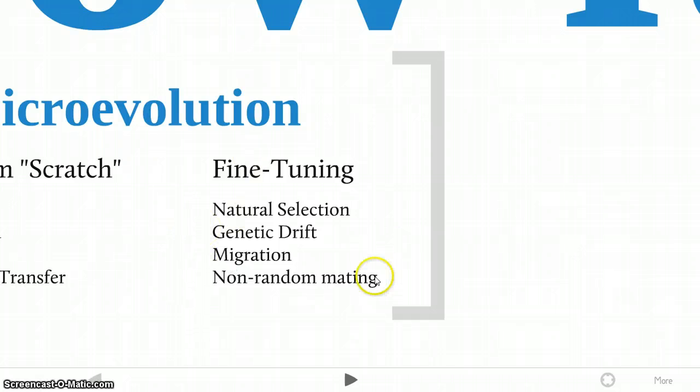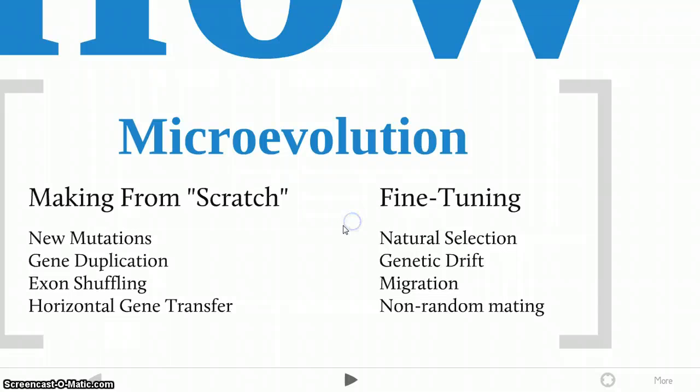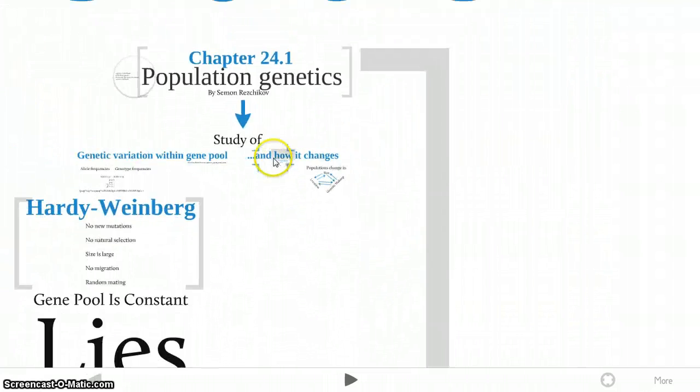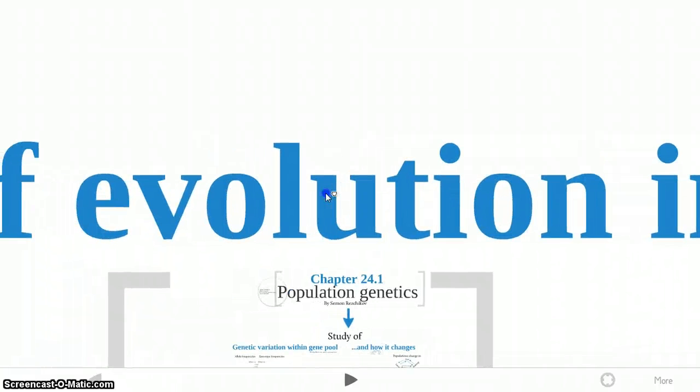So that is how microevolution works. On a small scale, generation to generation, it causes changes, and over time it can cause really big changes, ending up in actual evolution and speciation and the whole thing, creating diversity of life and all that.